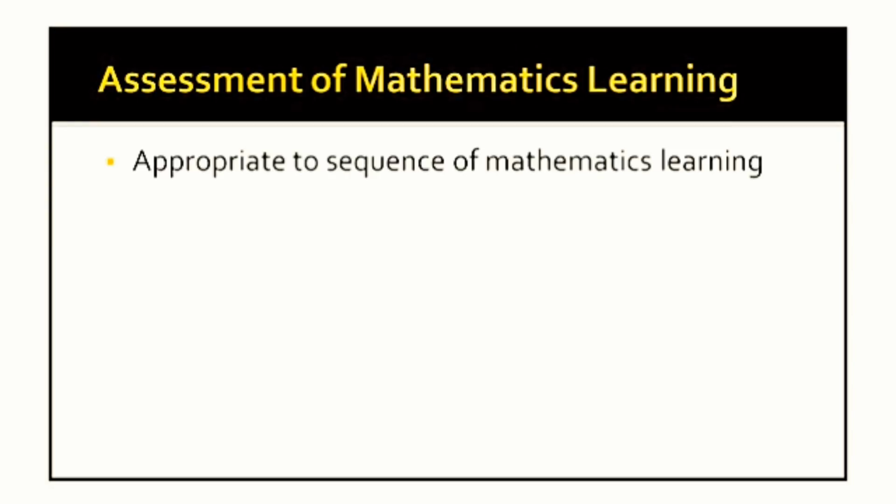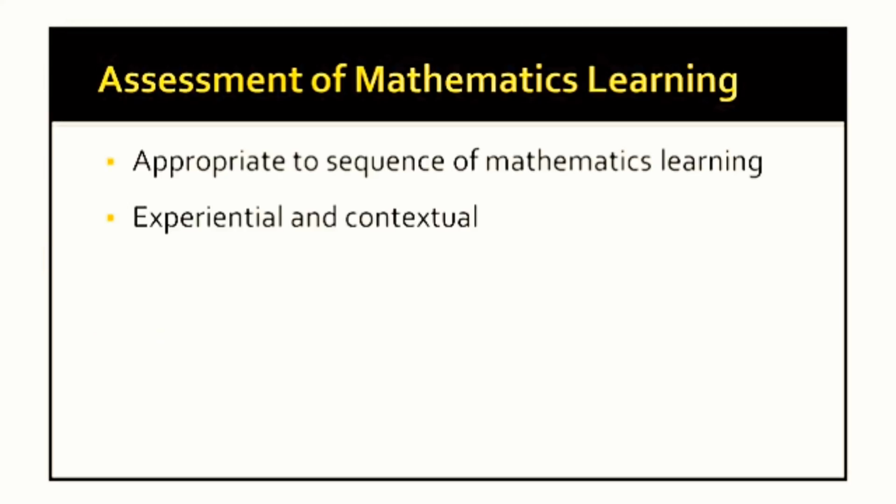There are certain concepts which are to be learned first and which are to be learned later. So assessment should address this also. The concepts which are to be learned first should be assessed first. So there is a proper sequence which is to be followed while assessing mathematics learning.